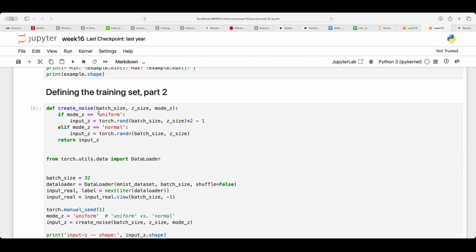So you can decide, as you can see here, the common choices, as I mentioned, are either uniform or normal. And Z is the size of this latent space.